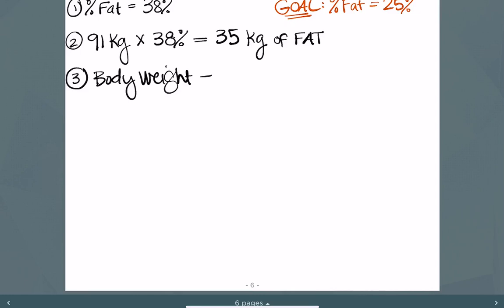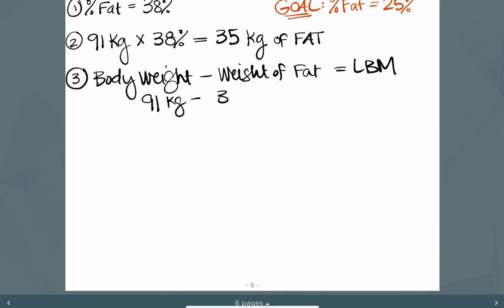So you can subtract off the weight of fat. And that will give you her lean body mass. So we have 91 kilograms is how much she weighs, and 35 kilograms of that is fat. So her lean body mass is 56 kilograms.